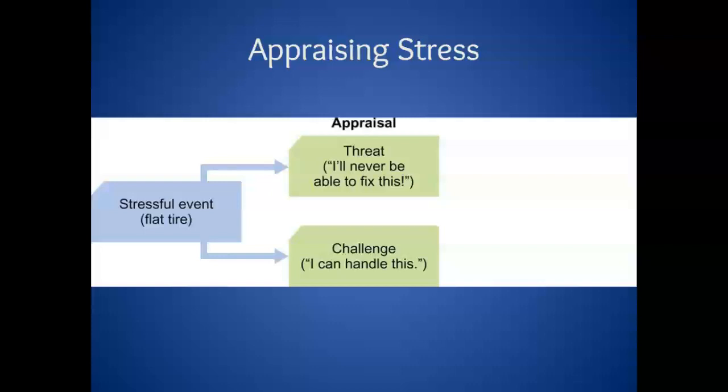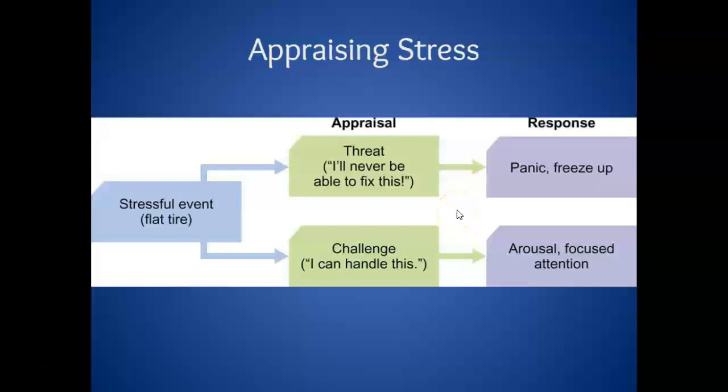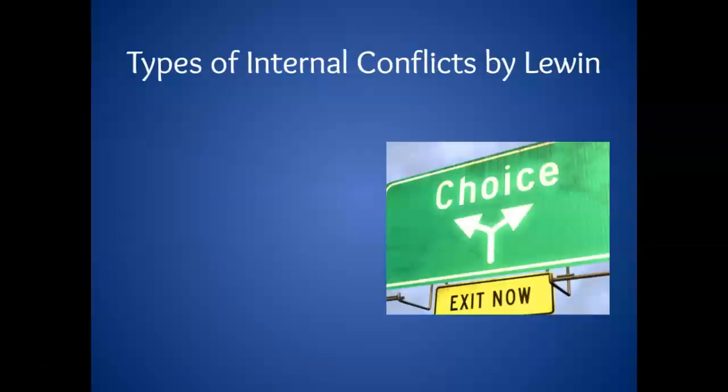Maybe I'm not going to change the tire by myself, but I know who to call to help me, and this is a challenge that I can face. Based on how you appraise the situation, you respond. If you appraise it as a threat, you may panic and freeze up. If you see it as a challenge, you have arousal and focused attention, and you get the job done.